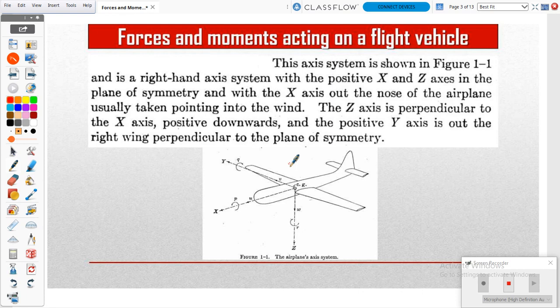Have you drawn the diagram? Students, can you hear my voice? Confirm.